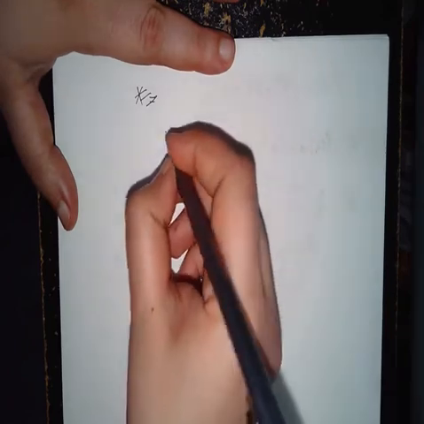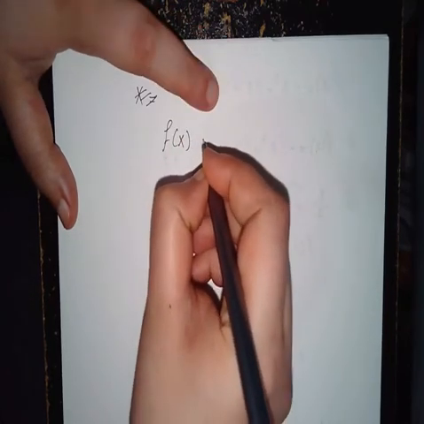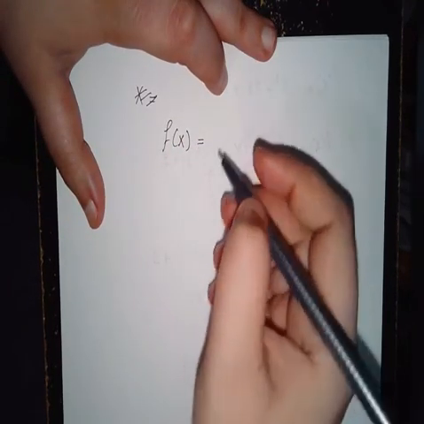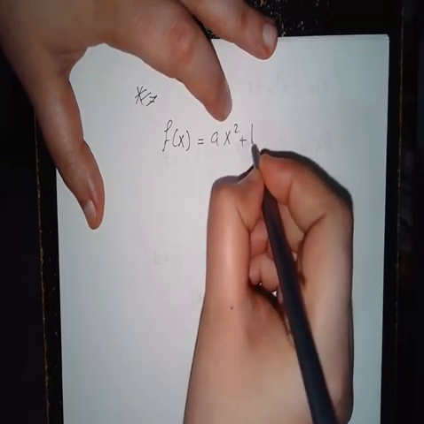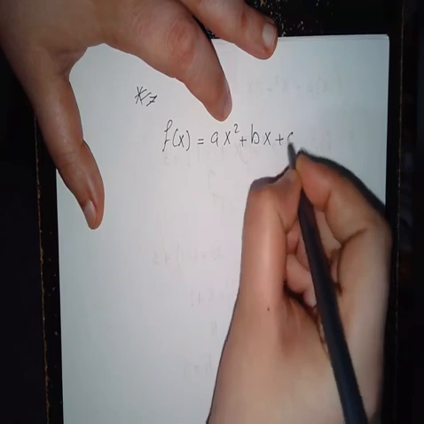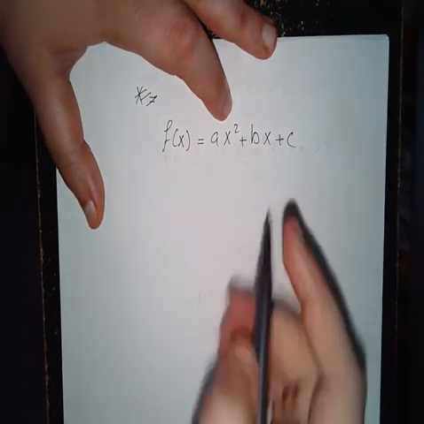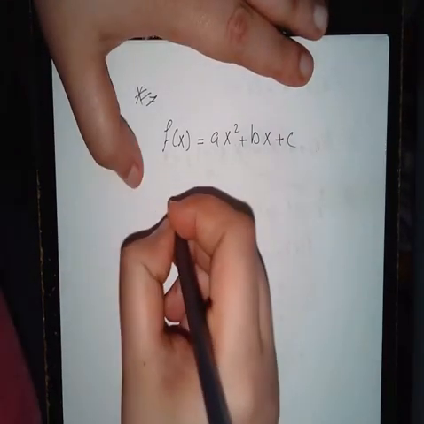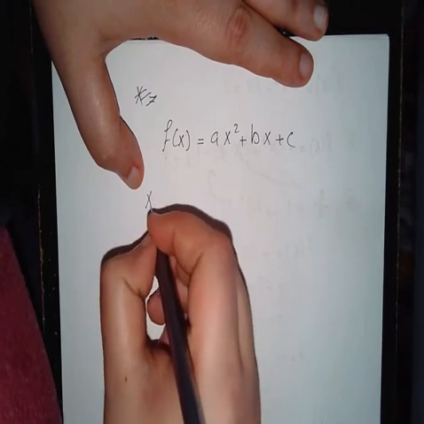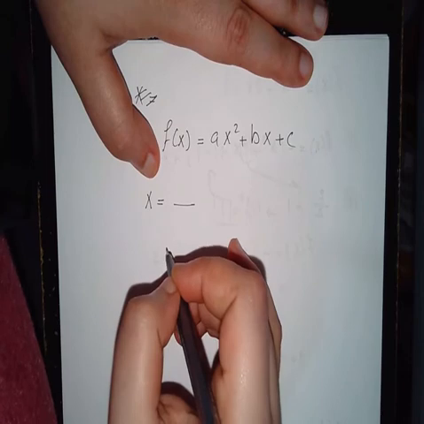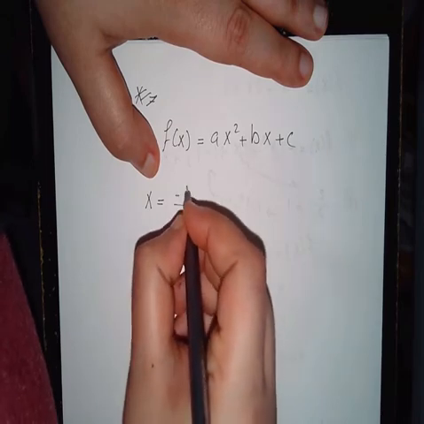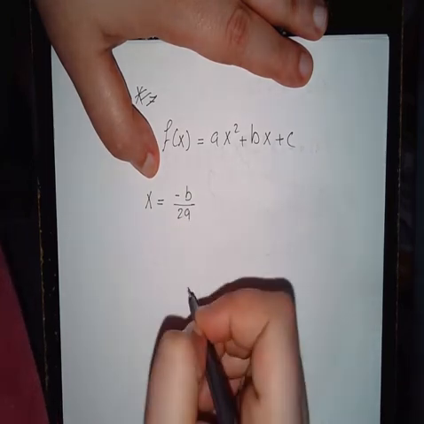So, f of x here is ax squared plus bx plus c, right? And this is the formula you use to find x: negative b over 2a.